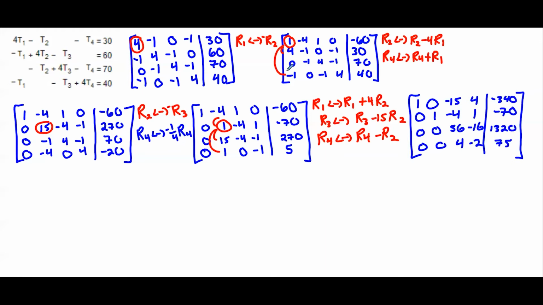All right, so now I need a 1 in this spot. I could take a couple shots here. I could divide this row by 56, and it's not terrible.